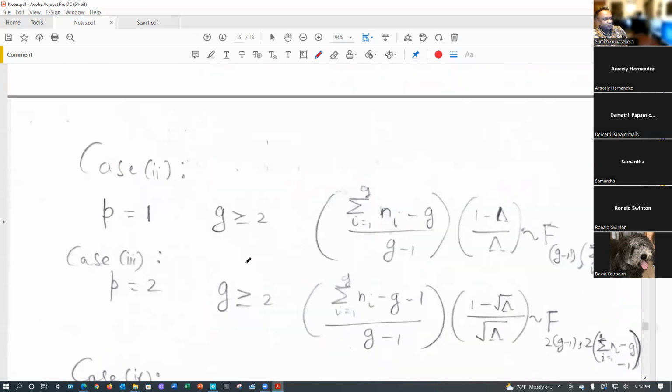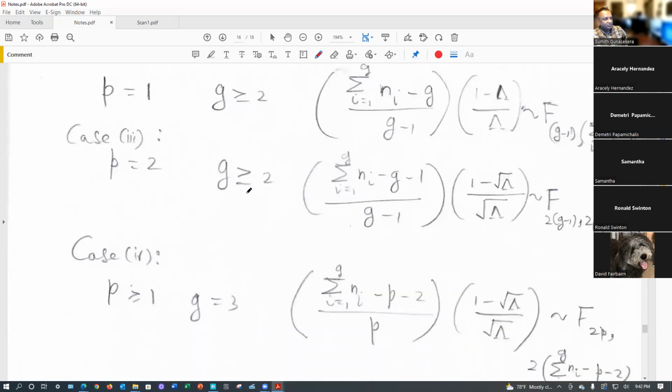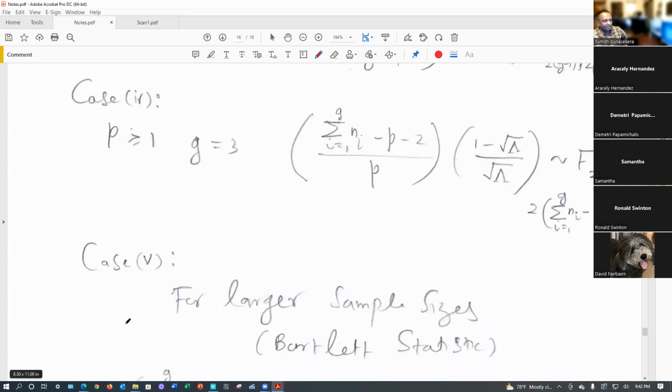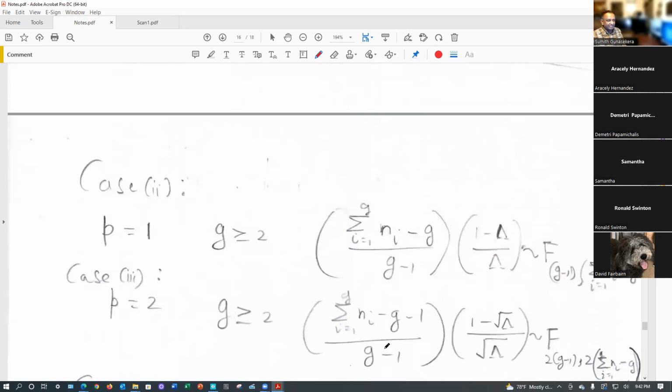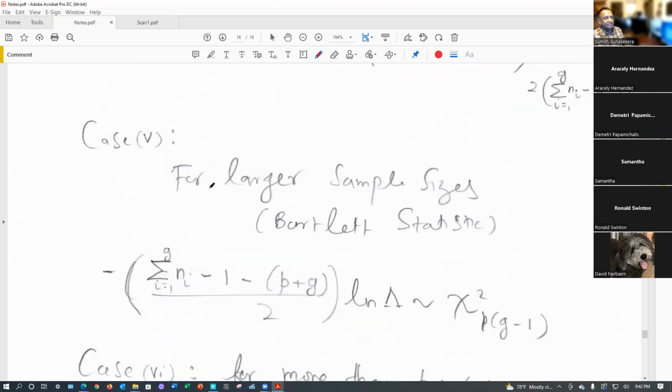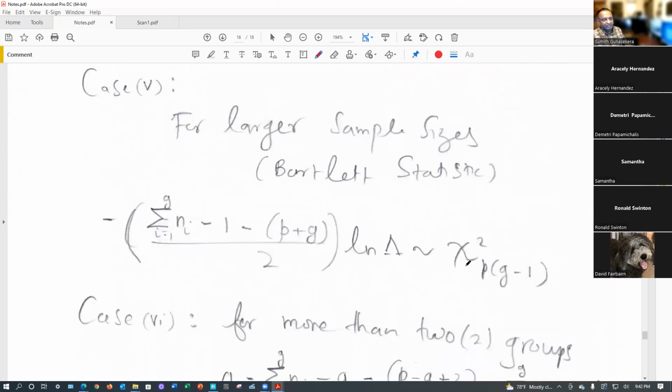You have more than 2 groups, but only univariate. You have P equals 2, this one. This is how they are related. We saw this one in repeated measures already. This is case 4, case 5. If you have larger sample sizes, or any other cases not listed here, it should be approximated by chi-squared, not F this time.